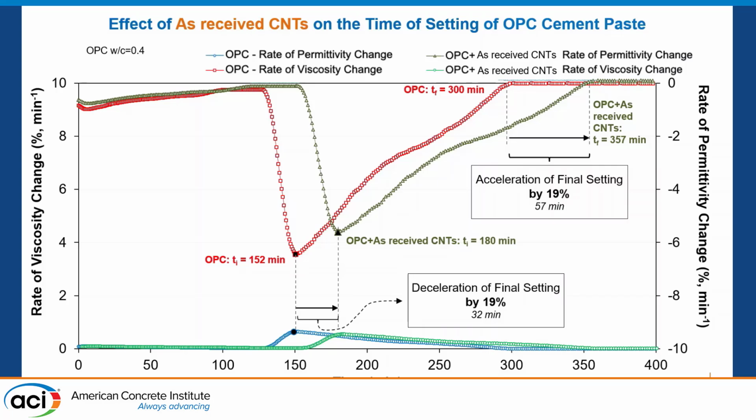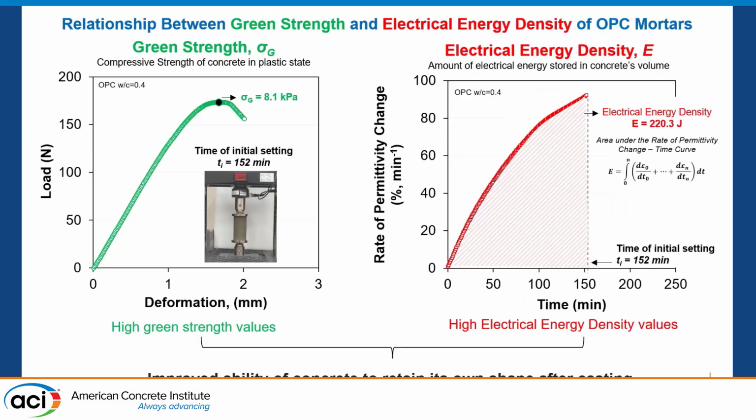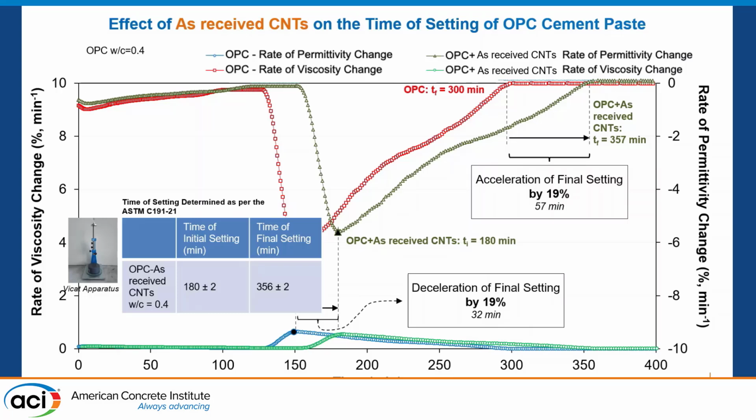This is because we use an agglomerated material that creates a delayed hydration process. But also, I want you to note here that the change in the dielectric permittivity is lower compared to the change of the dielectric permittivity of ordinary Portland cement.